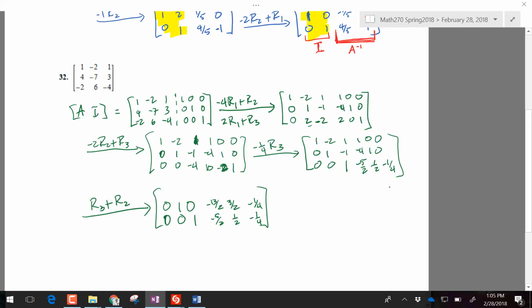And then I'll do the same thing over here from row 3 to row 1. What am I going to do with row 3 to get rid of the row 1 over here? This one? This one. From here to that one. I think that's negative 1, right?